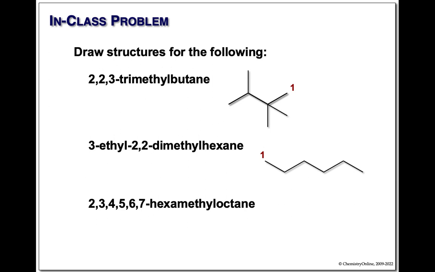On carbon number 2, we're going to have 2 methyl groups. So that's here. We'll show it as an up and a down. Carbon number 3, we'll have an ethyl group. That's 2 carbons. It's carbon 3, so it'll be an up and over. And the structure looks like this. 2 methyl groups on carbon 2, an ethyl group on carbon 3.